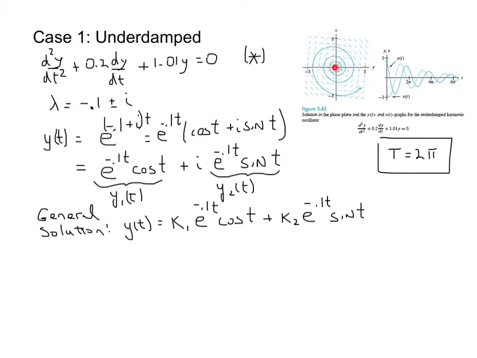Our oscillations can be seen along the y-axis. We go from a positive value to a negative value, and we move back again to this positive and back to this negative.